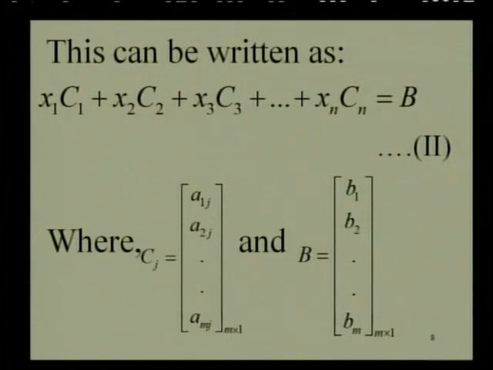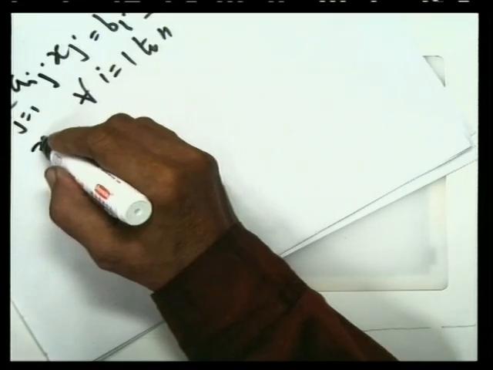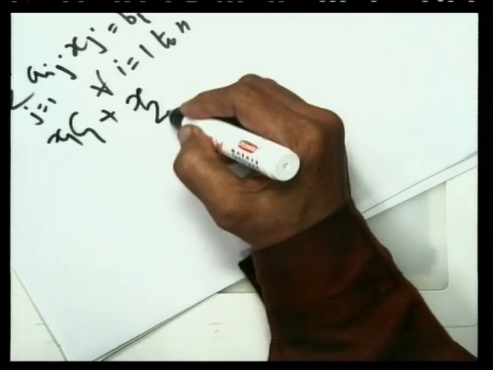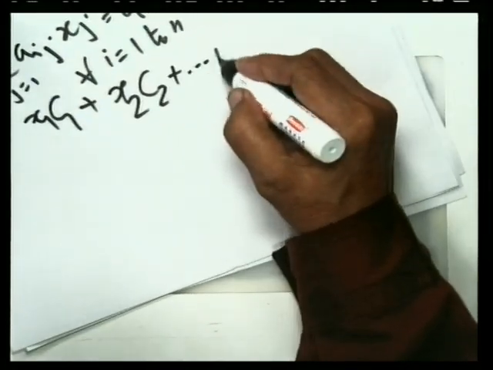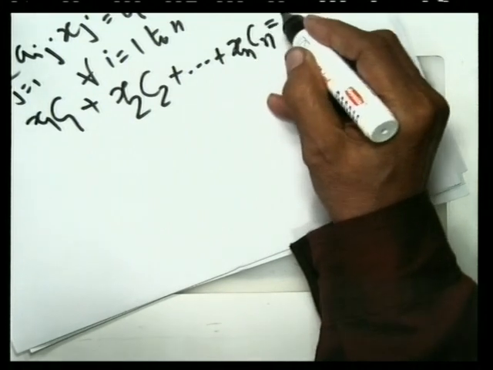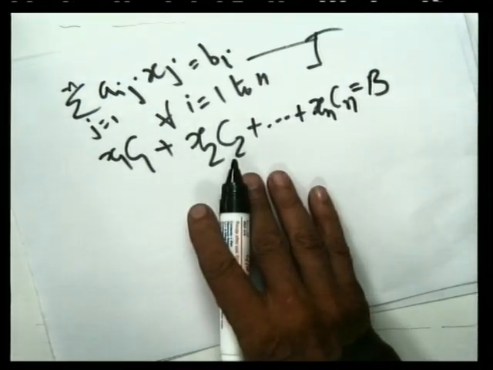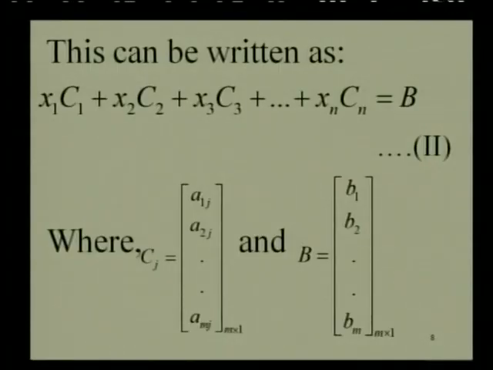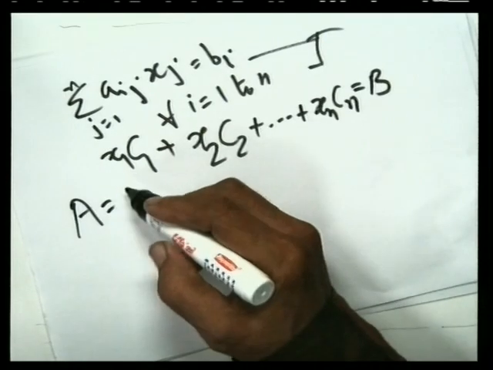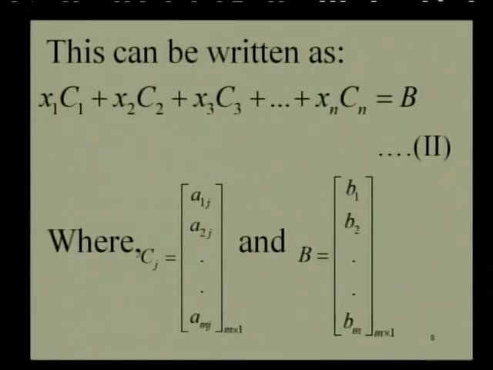Now, expressing columns as C1, C2, Cn, the system of equations 1 can be expressed as x1 C1 plus x2 C2 and so on, xn Cn equal to b, where C1, C2, Cn are the n columns of the matrix A, which is called the coefficient matrix of the given system of equations.